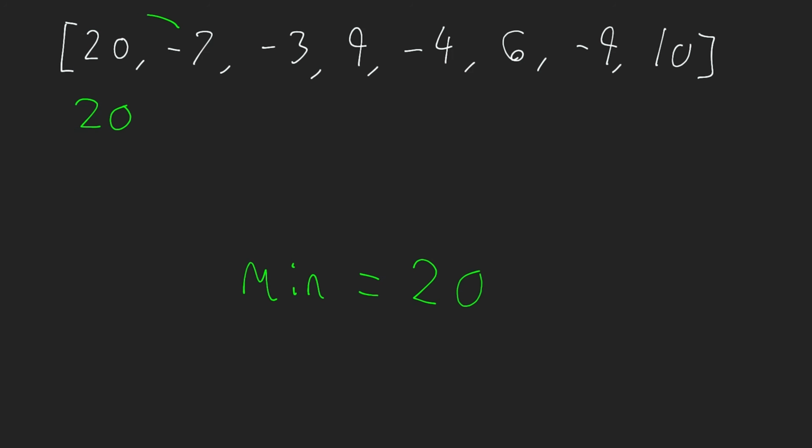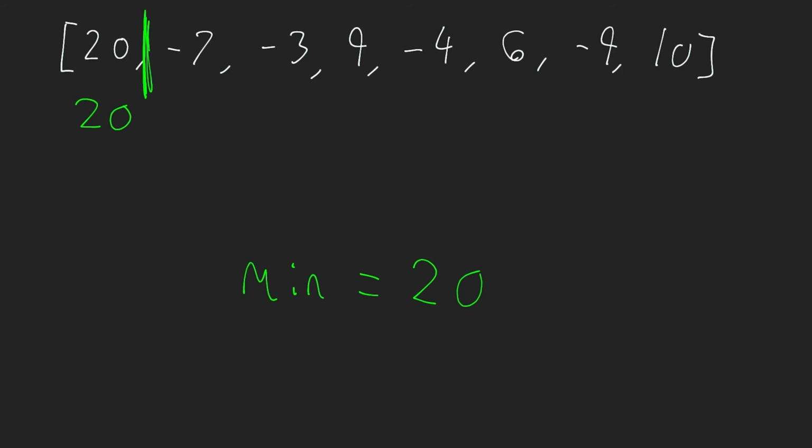So if I decide to include the element to the left-hand side here, then I'm going to have 20 plus -7, which is going to give me 13. Now, is 13 larger or smaller than -7? Well, it's larger than -7, which means I don't want to include the left side here.